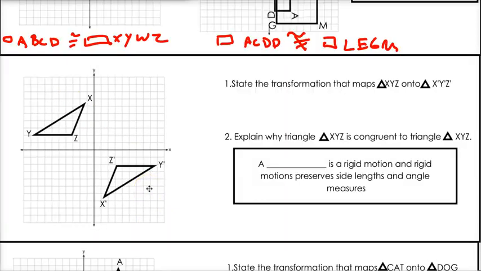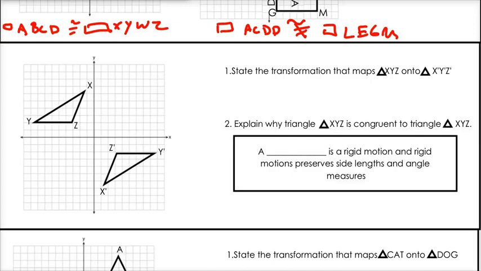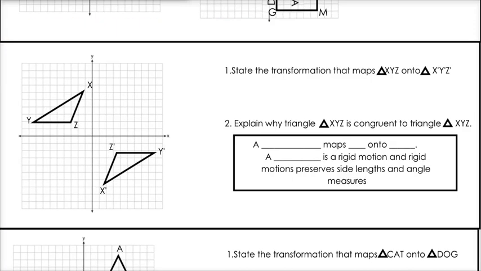So let me show you how to do a quick proof here, using some rigid motions. First, what we're going to do is figure out, can we map these two triangles onto each other? Can I map X, Y, Z onto X prime, Y prime, Z prime? And the answer here is yes. I can use a rotation to map them onto each other. If you don't believe me, let's actually rotate it.